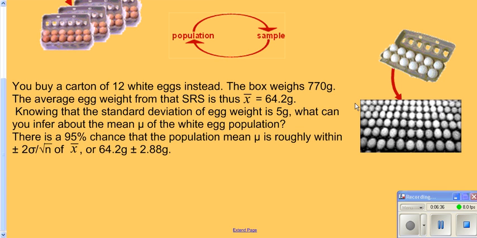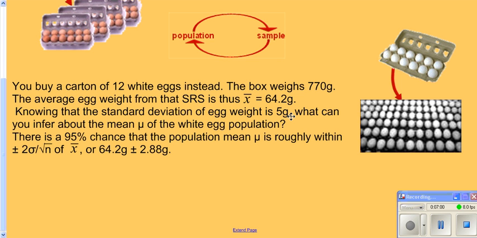Now, if we're looking at white eggs, and for a dozen white eggs, the mean of that dozen is 770 grams. So when you divide that by 12, you get 64.2 grams per egg, still with the same standard deviation of 5.